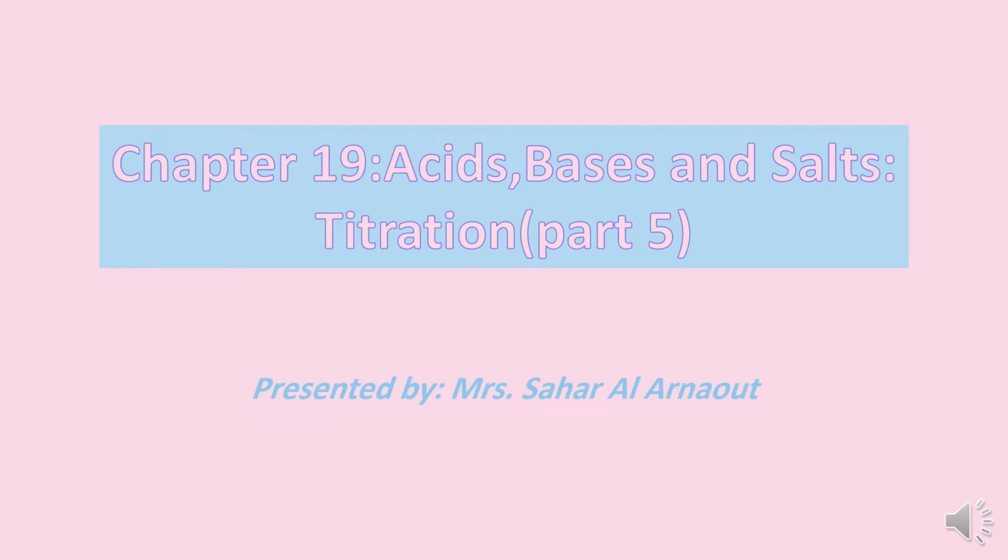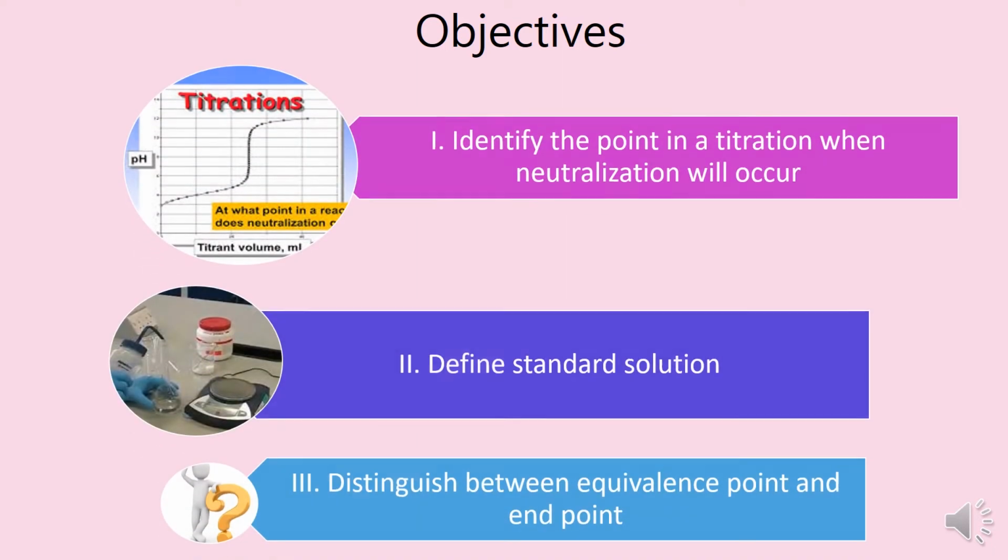Today I'm going to continue the explanation of Chapter 19, Acids, Bases and Salts. The topic is titration. The objectives that you are going to learn are: the first one is to identify the point in a titration when neutralization will occur.